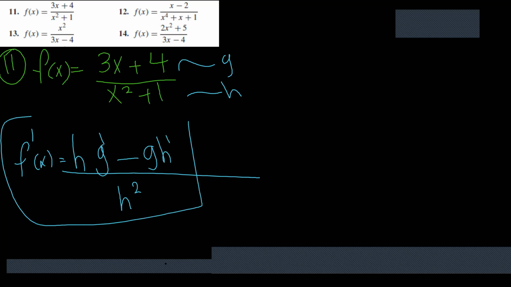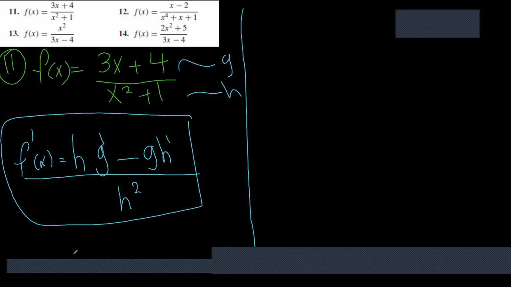This will be my quotient rule. f prime of x is h g prime minus g h prime over h squared. Then let's find h and g and h prime and g prime.